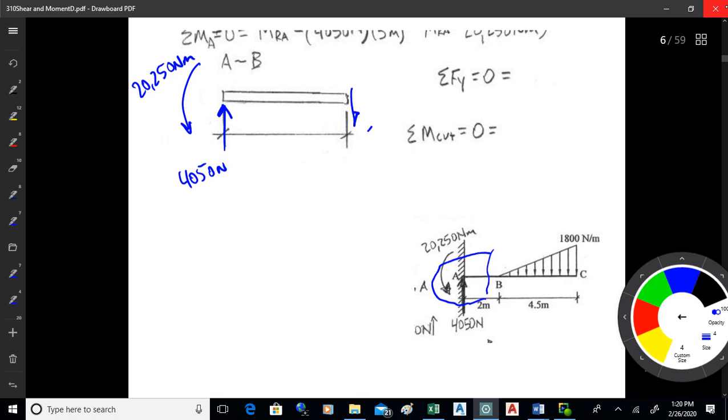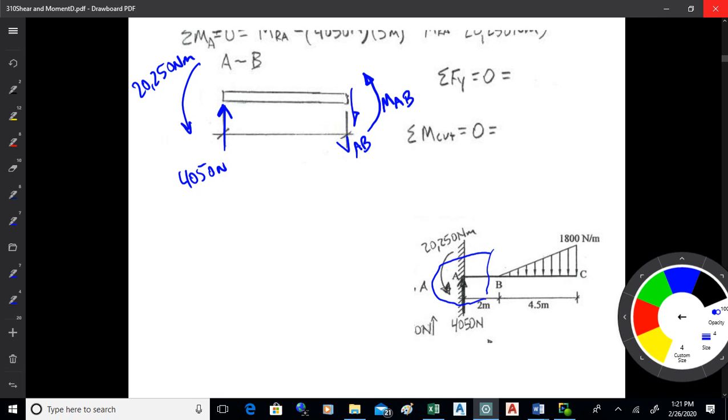When I do that, the internal forces become something I have to analyze. The shear there down will be the shear anywhere between A and B, and the moment up will be the moment anywhere between A and B. So there's my free body diagram. That'll hold anywhere between A and B, so anywhere between 0 and 2 meters.